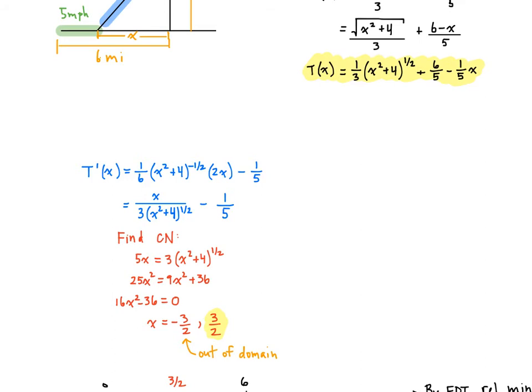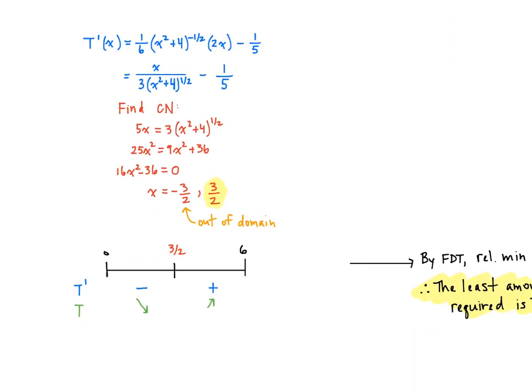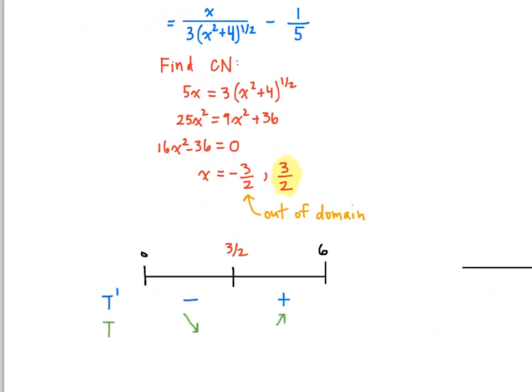Now we're ready to set up the first derivative test. Okay? And what we should notice is that from 0 to 3/2, our first derivative is negative, and then from 3/2 to 6, we're positive. So t is going to be decreasing and then increasing, so that means we have ourselves a relative minimum at 3/2.